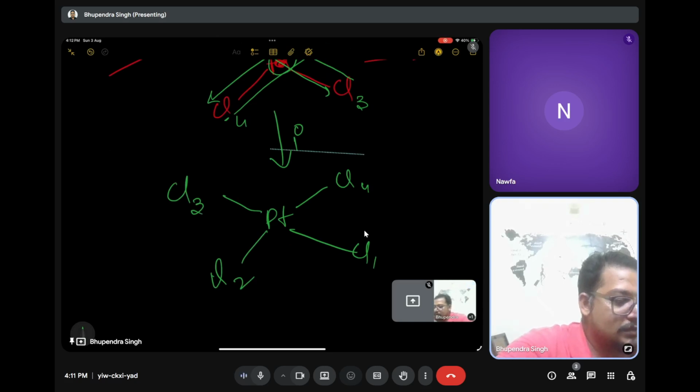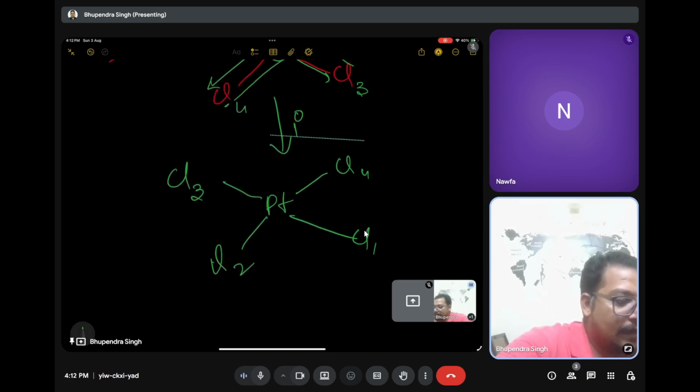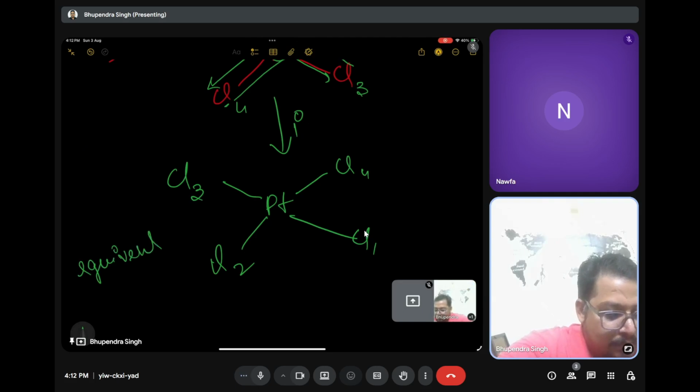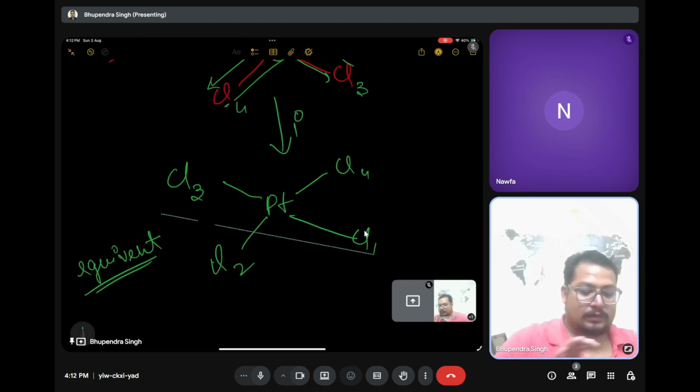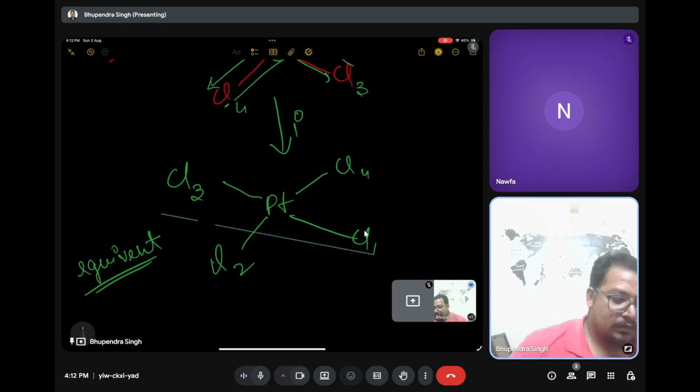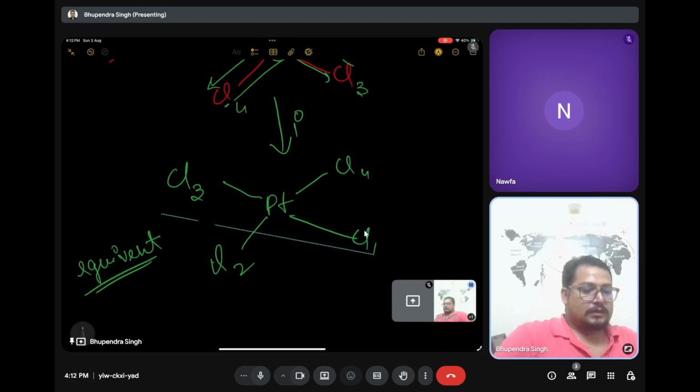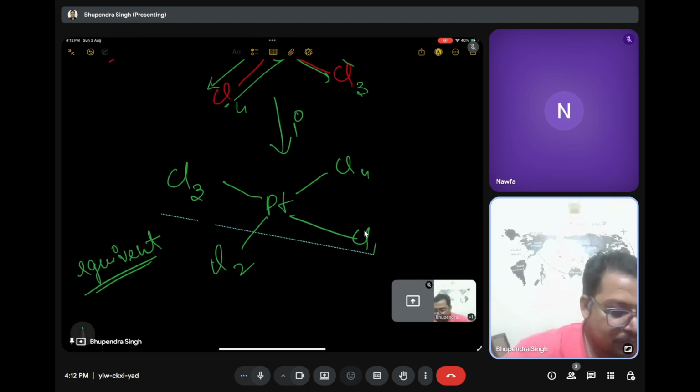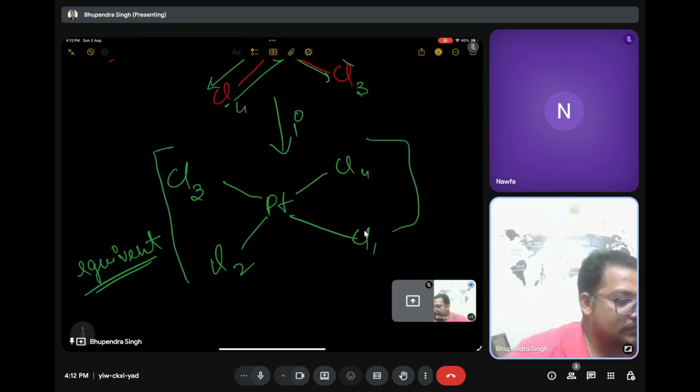So after the inversion, we are getting the equivalent structure. Last time we told that after applying the symmetry element, we should get the equivalent structure. So this is the point of inversion.